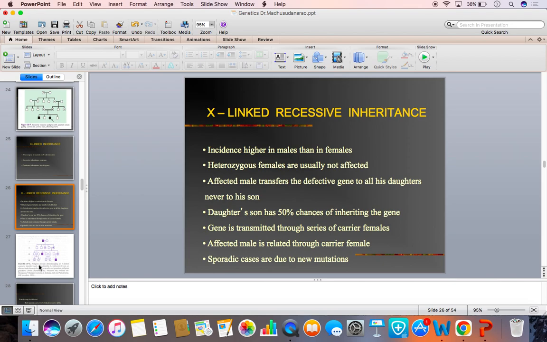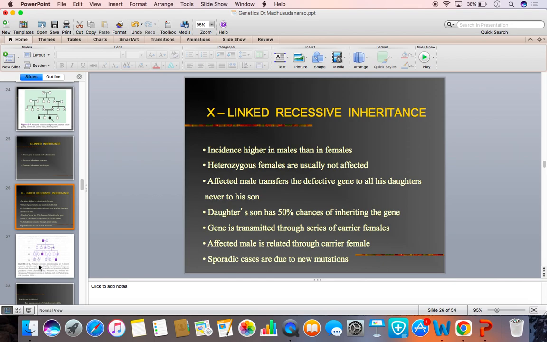Father transmits the abnormal gene to his daughter, and the daughter will in turn transmit the disorder to 50% of her sons. That's how it is.